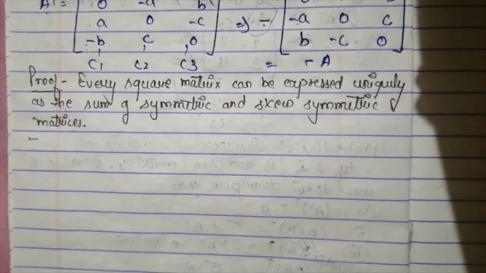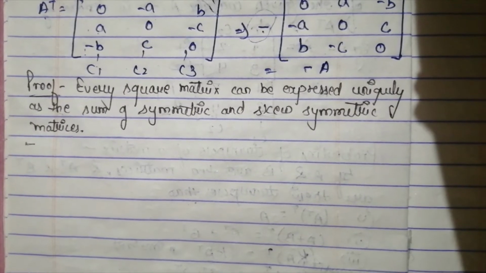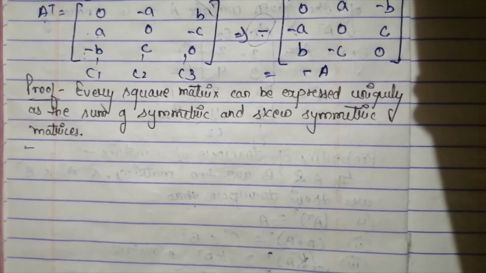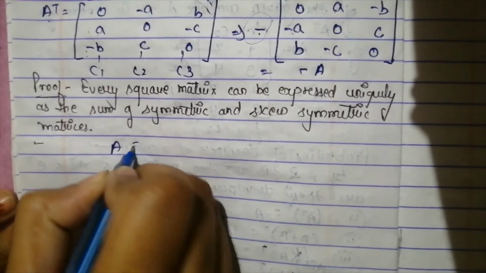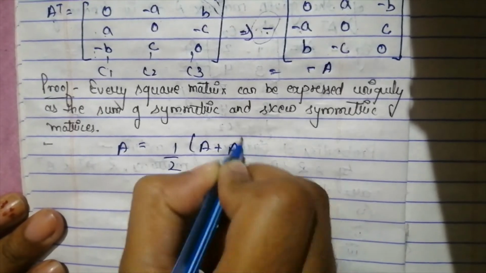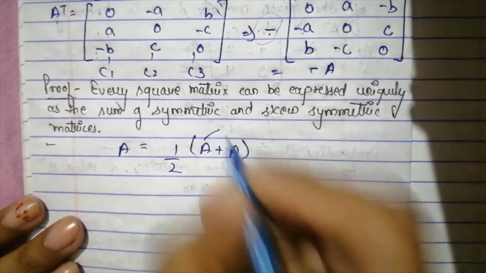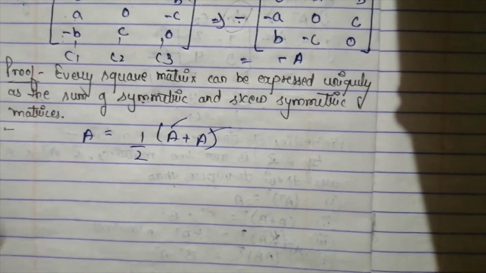Now we will prove that every square matrix is a sum of a symmetric matrix and a skew symmetric matrix. So A is equal to half of (A plus A dash) plus half of (A minus A dash), where one part is a symmetric matrix and another is a skew symmetric matrix.